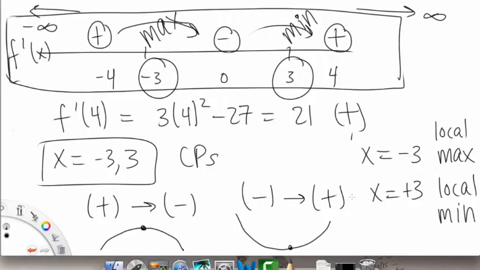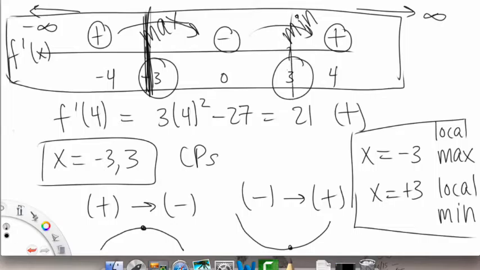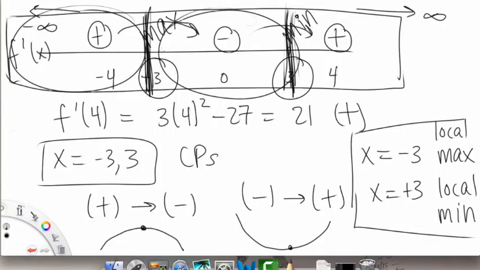And one more side note on this, I'm just going to go a little bit further to explain our sign analysis. What I was saying about the negative infinity and positive infinity is that we can break up the whole number line into intervals based on the critical points, right? So I'm going to draw this bold line at negative 3, and I'm going to make this line at positive 3 bold as well. And so here's one interval, here's a second interval, and here's a third interval, all right?